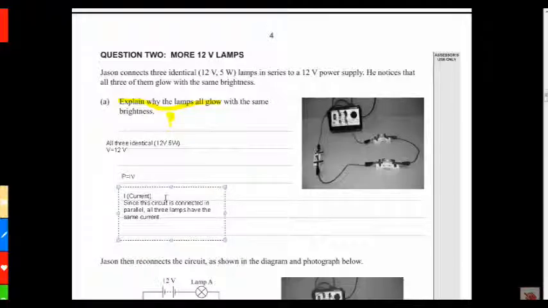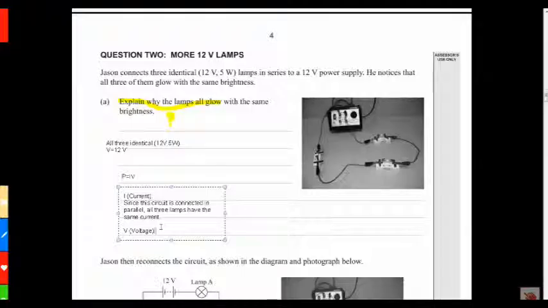Next, we'll talk about the voltage from our power equation. And notice how we're really focusing on this equation to answer the question. This is what is expected of you. So we'll talk about the voltage now.